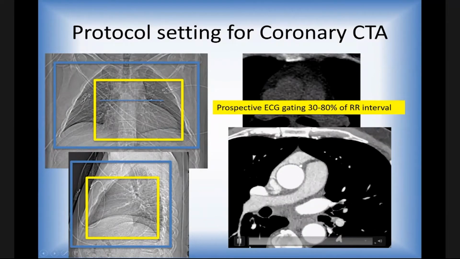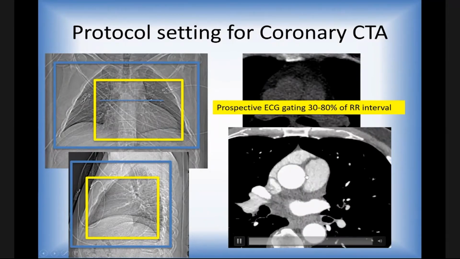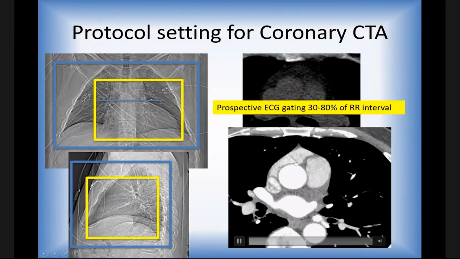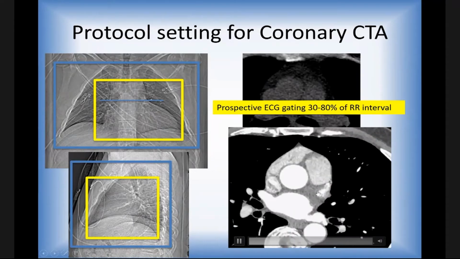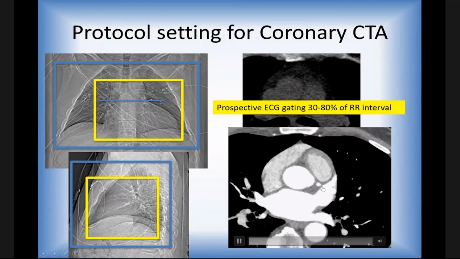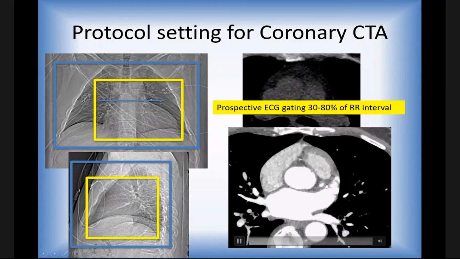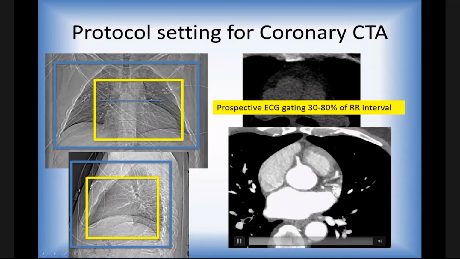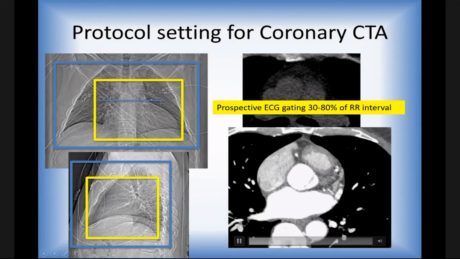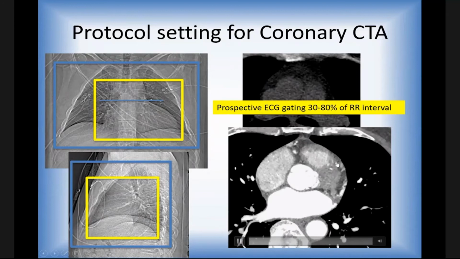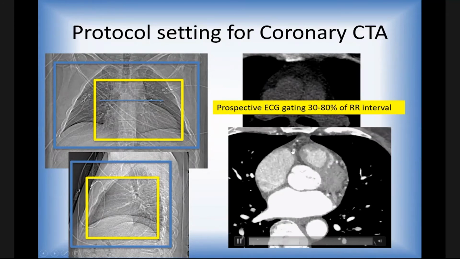We'll make sure that we cover the aortic root and we see the origin of the right coronary artery and left main. This is our left main here, going up, going down, up here, ramus here, and then circ is here. This is our LAD, and this is our RCA.